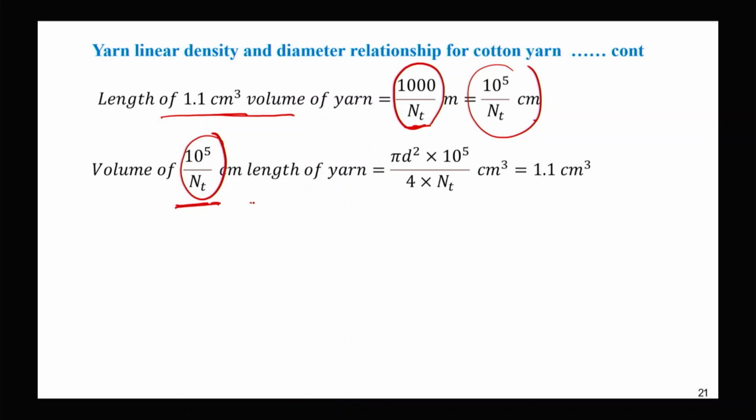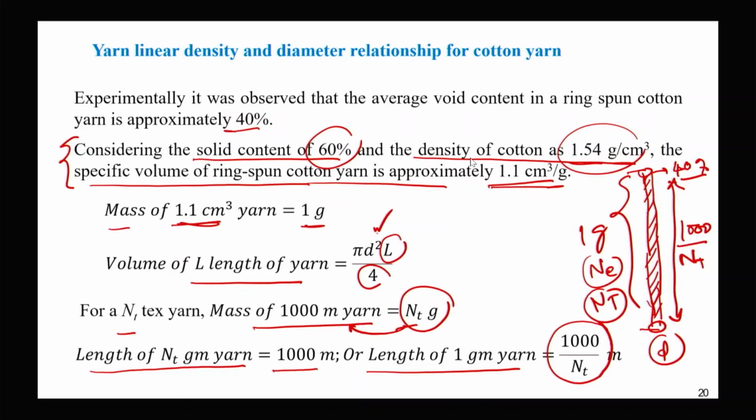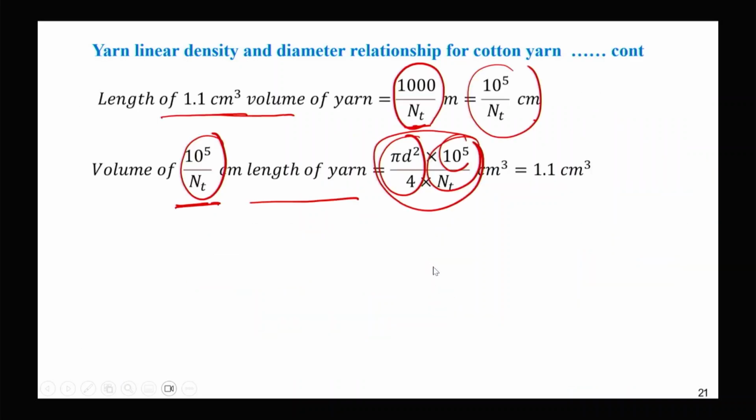This much centimeter length of yarn, with cross section area pi D square by 4 multiplied by L, gives the total volume, which is 1.1 cubic centimeter.